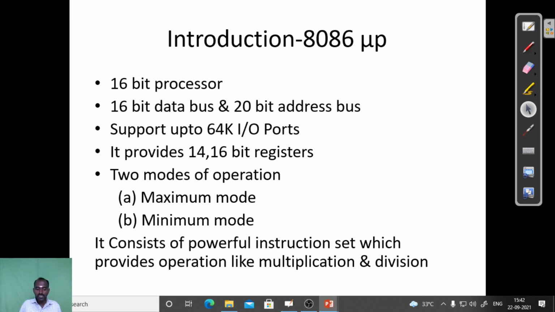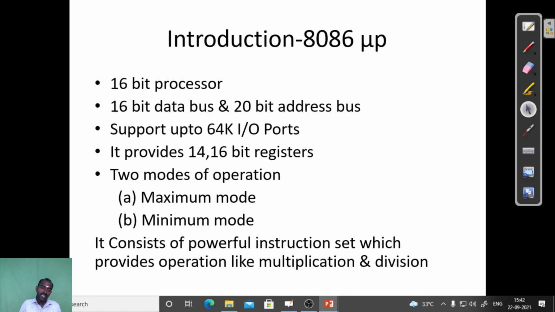Next, it can support up to 64K input outputs. It provides 14 16-bit registers. It consists of a powerful instruction set which provides operations like multiplication and division.